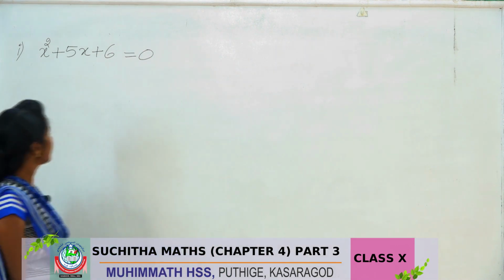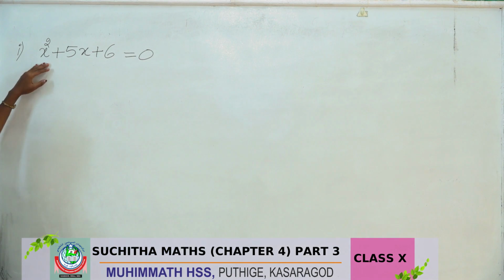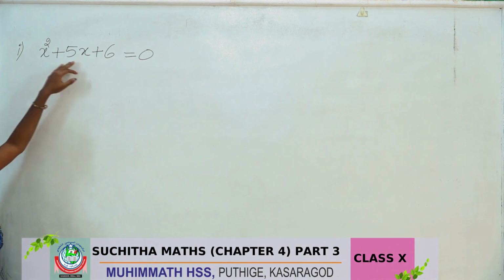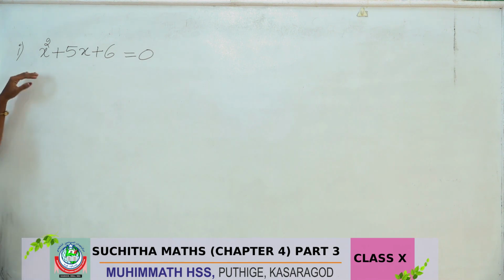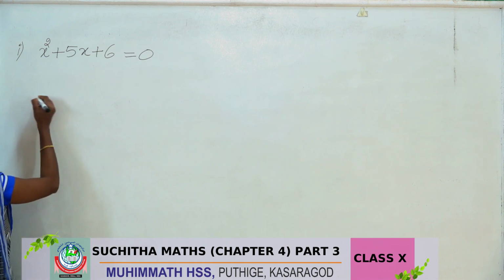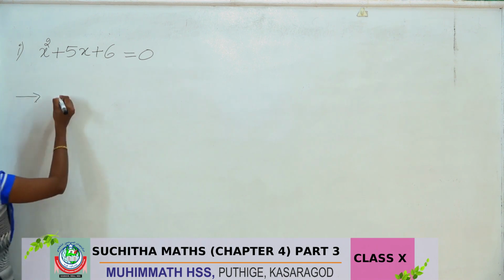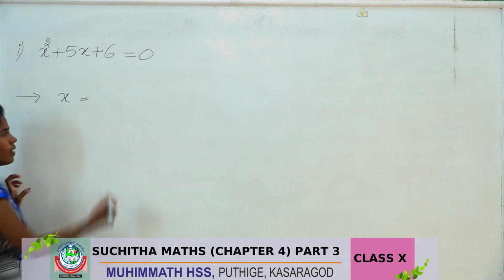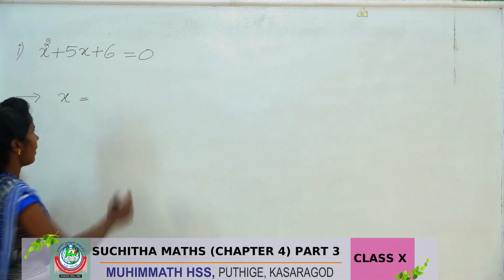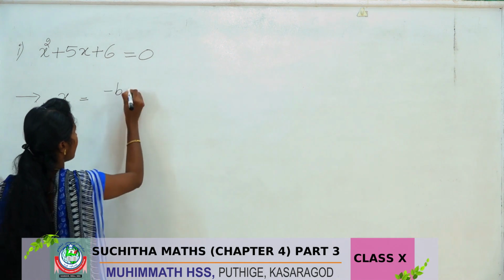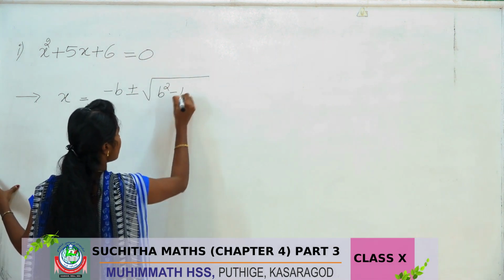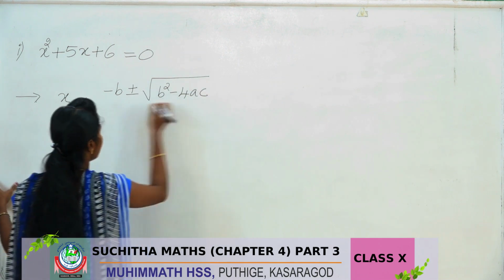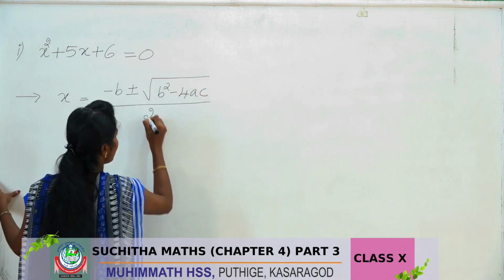First question. Find the value of x if the equation is x square plus 5x plus 6 equal to 0. This is a quadratic equation. And here, what is the equation to find out the value of x? x equal to minus b plus or minus square root of b square minus 4ac divided by 2a.